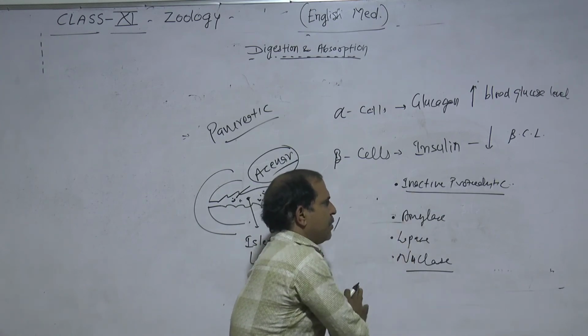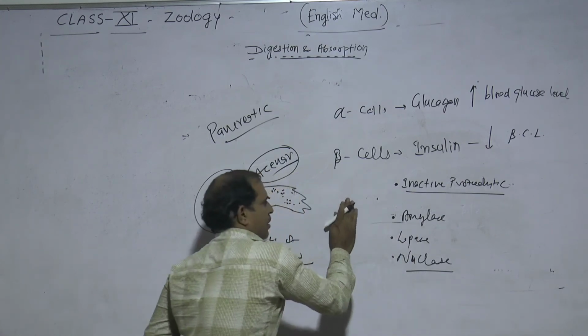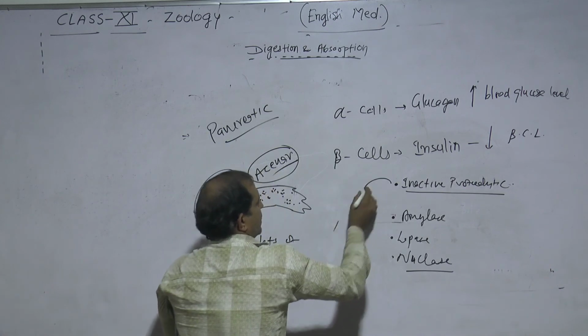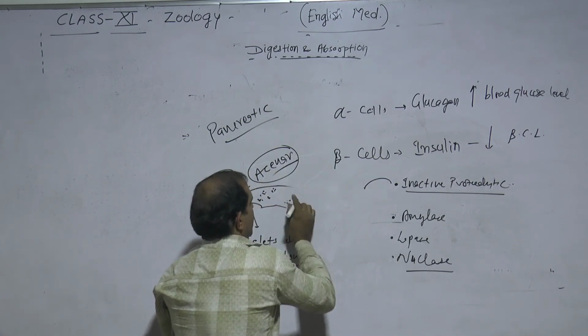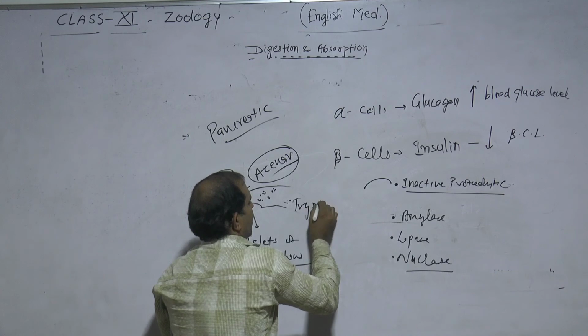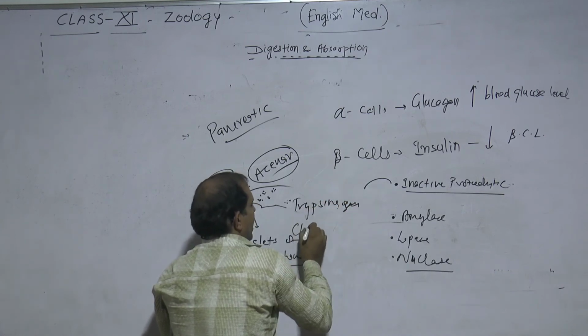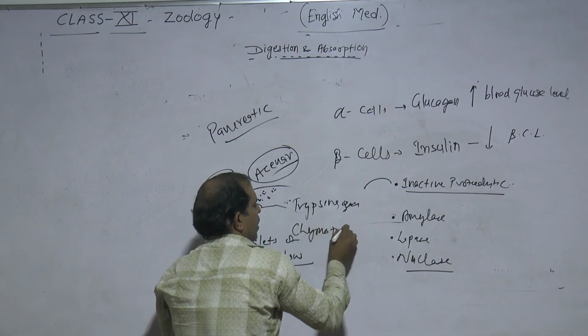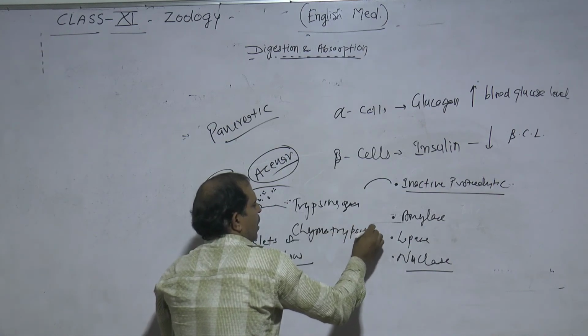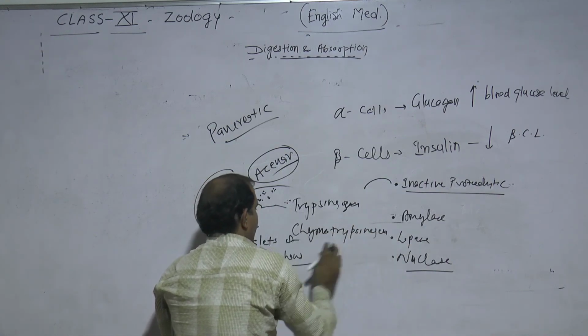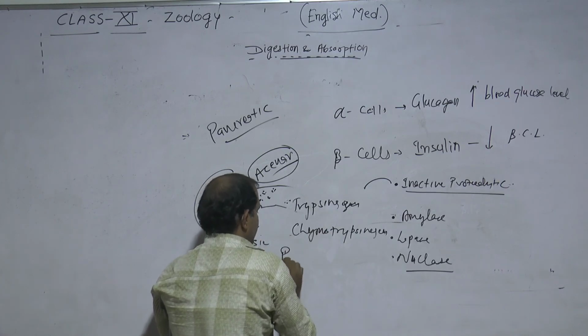In inactive proteolytic enzymes, three types of enzymes are present: trypsinogen, chymotrypsinogen, and procarboxypeptidase.